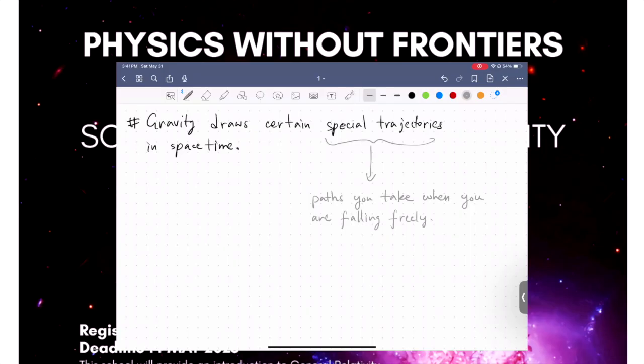Okay. So this is our first evidence that gravity has a very close connection with the geometry of our spacetime, right? Because it is drawing certain special lines in our spacetime. And later, when we have developed some tools, we will call these paths geodesics.